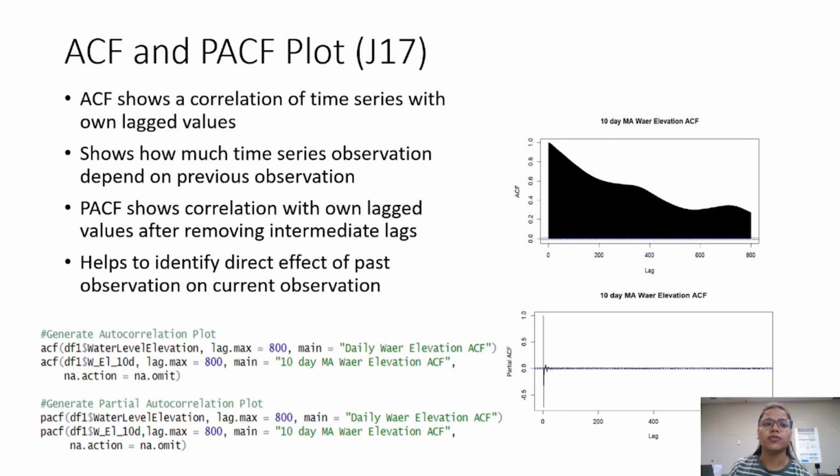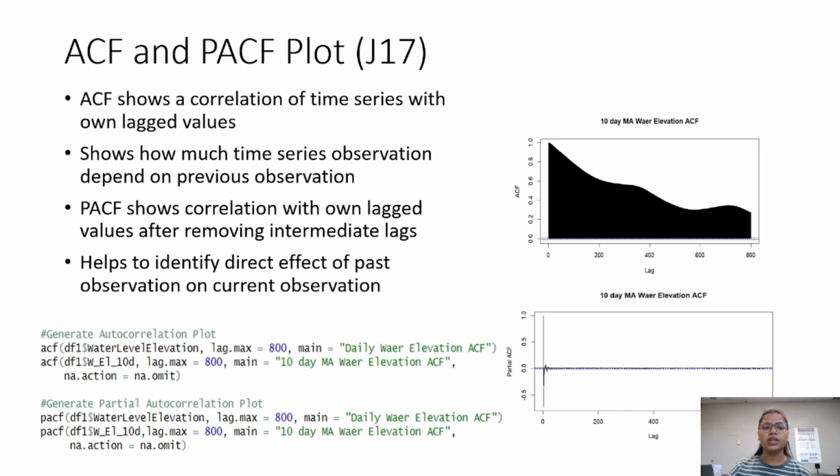After that, I performed the autocorrelation function and partial autocorrelation function for the 10-day moving average data. The ACF shows the correlation of a time series with its own lagged values, whereas the partial autocorrelation function shows the correlation with its own lagged values after removing the intermediate lags.